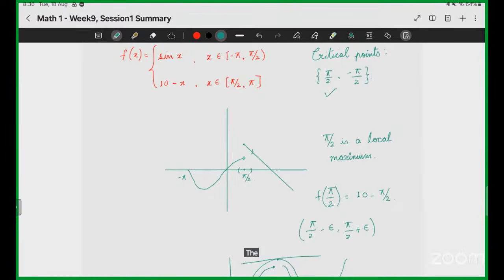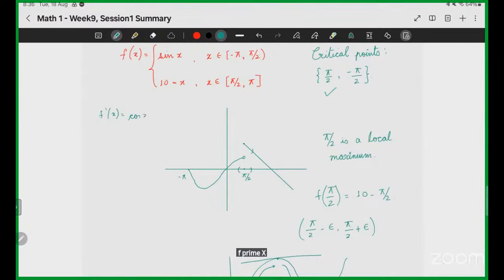Let's just look at the interior, the open interval minus pi to plus pi. f prime of x is cos x for x in this interval. And f prime of x is minus 1 for x in this interval. Isn't it?